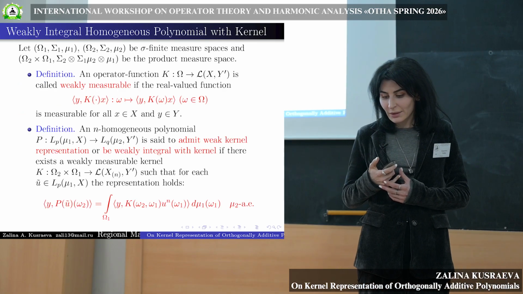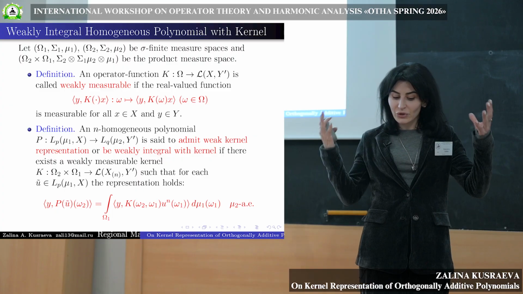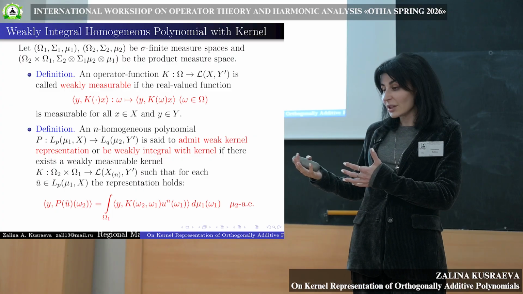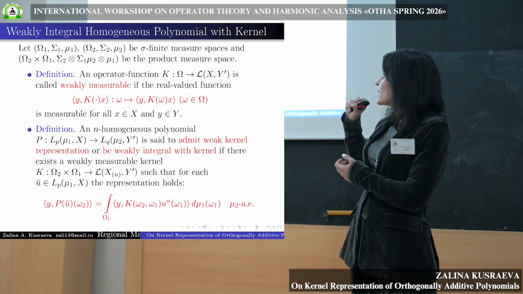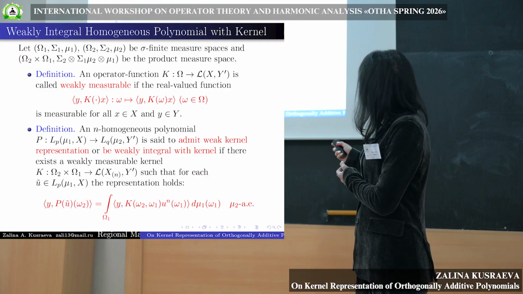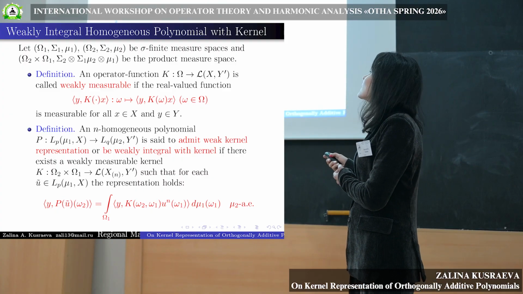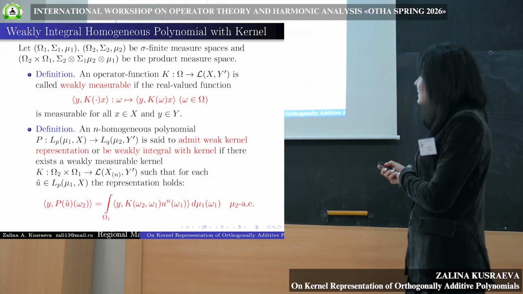It turns out that this is not the most general case where a kernel representation can be found; that is the case when we talk about weak kernel polynomials. Here is the definition.